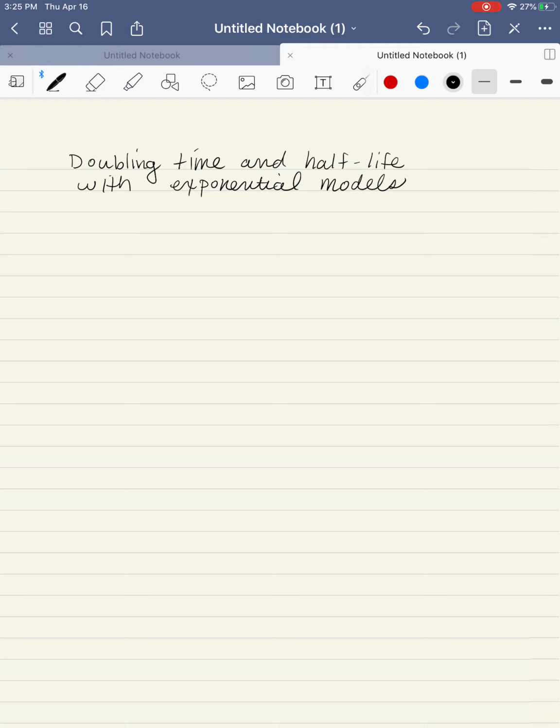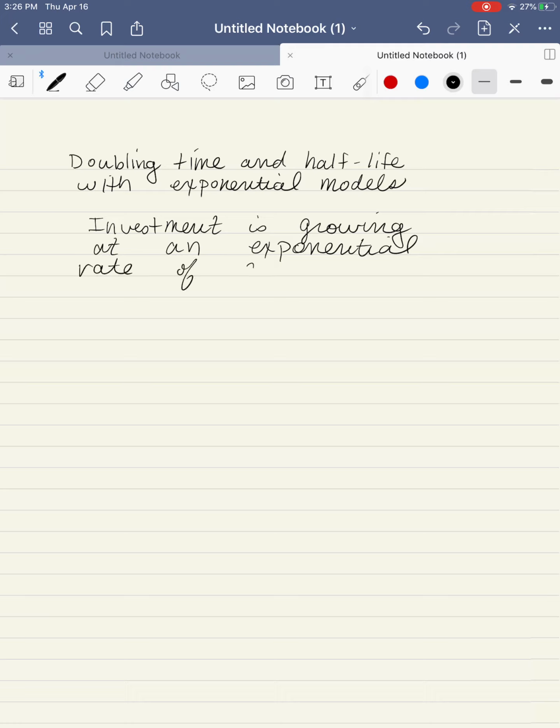Let's say that we have an investment, and we know that we have deposited our money and that it is growing at an exponential model of 2.4%.